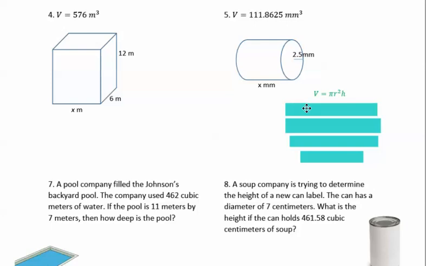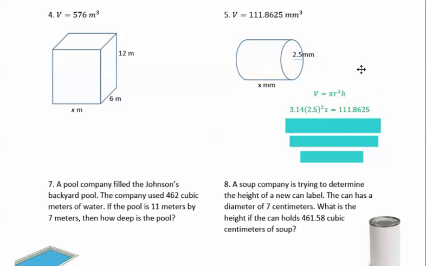All right, we have pi is 3.14. They gave us the radius this time. Our radius is 2.5. It needs to be squared times the height. The height is our unknown. So leave it as x, and then that equals the given volume up here. All right, and we're going to leave it exactly as it is. If they gave it to us like that, then we need to use it like that.